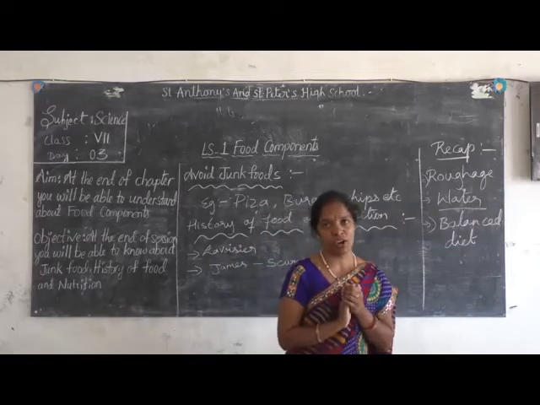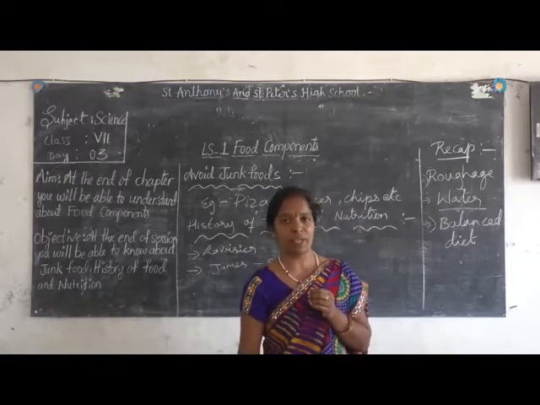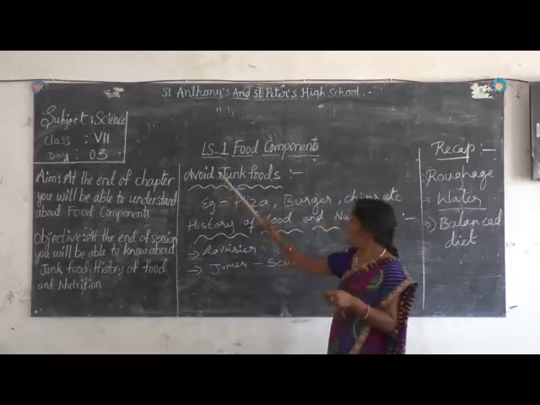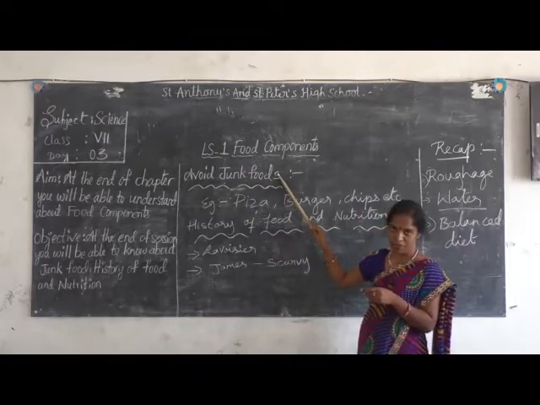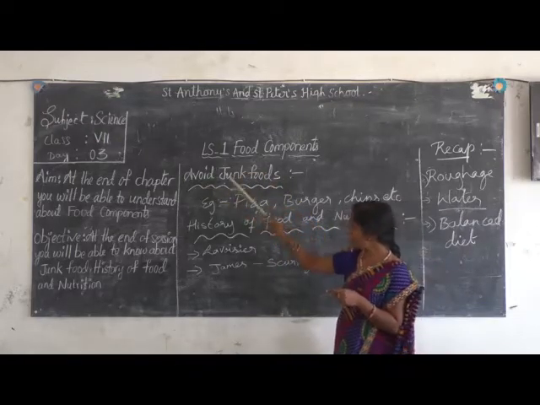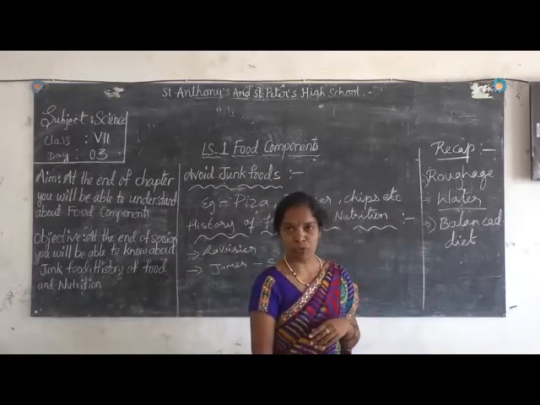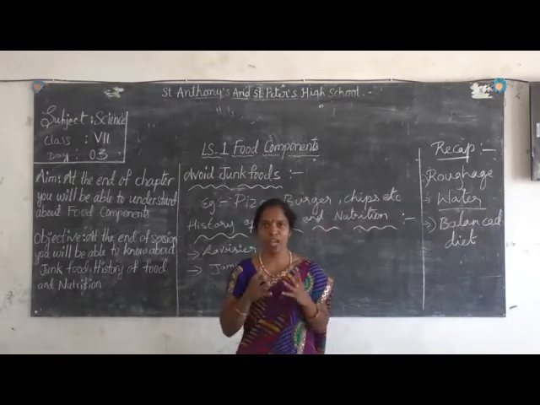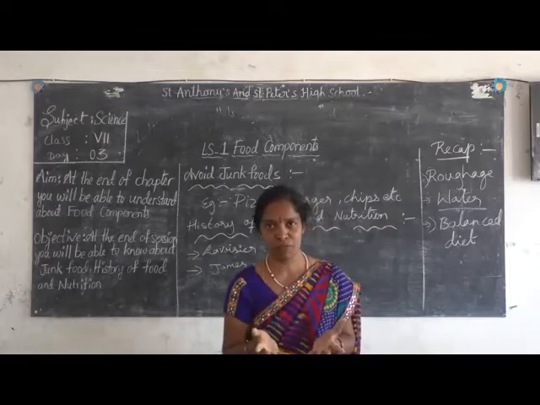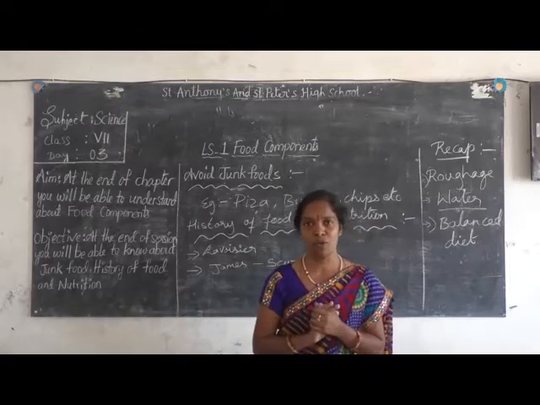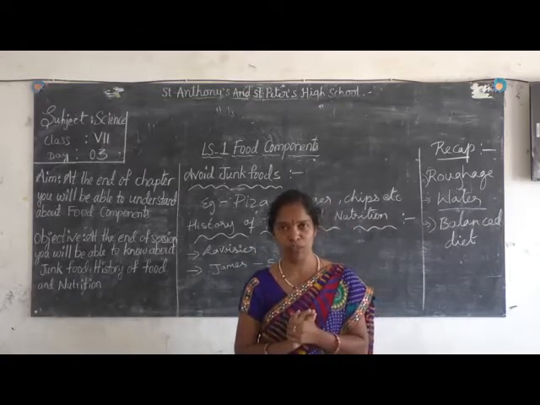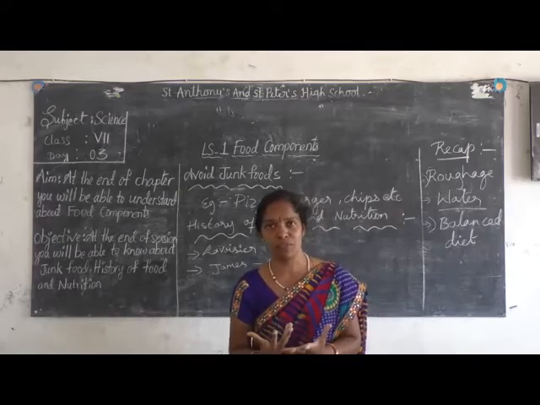Now we come to today's topic, which is about junk food. Avoid junk food. You have to avoid eating junk food. Why do we have to avoid it? First of all, I would like to ask you one question: why do we like junk foods?